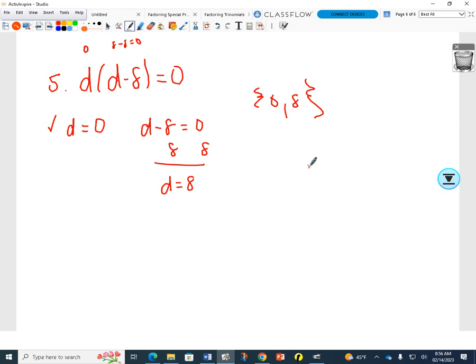So we're going to start with number 7, n squared plus 2n minus 15 equals 0. So this is an example of how many terms does this left side have? 3. So this is a trinomial expression on the left side.